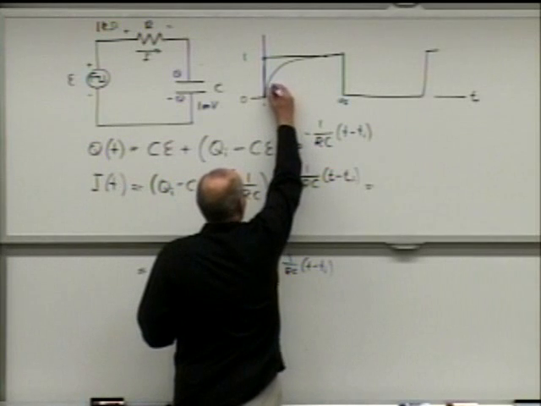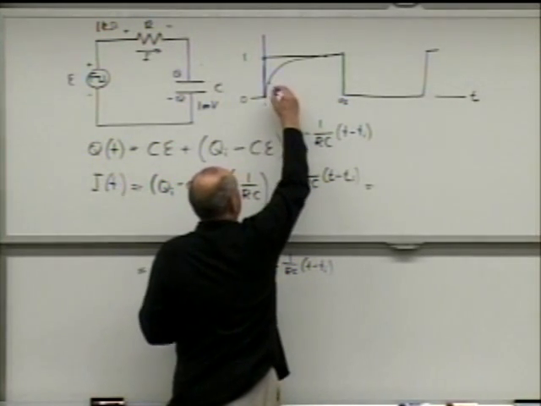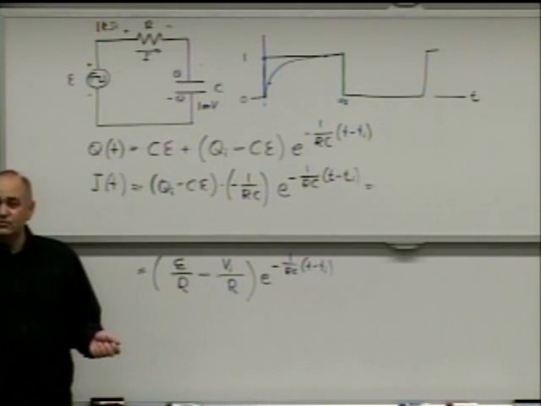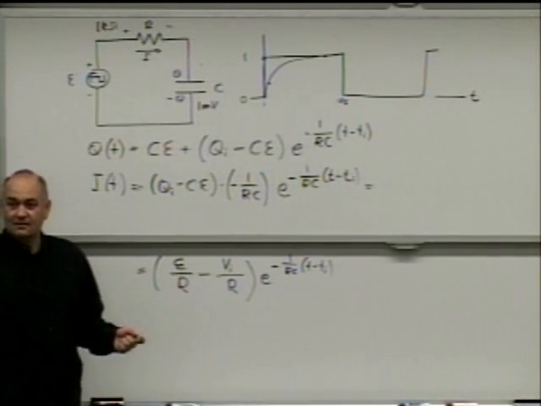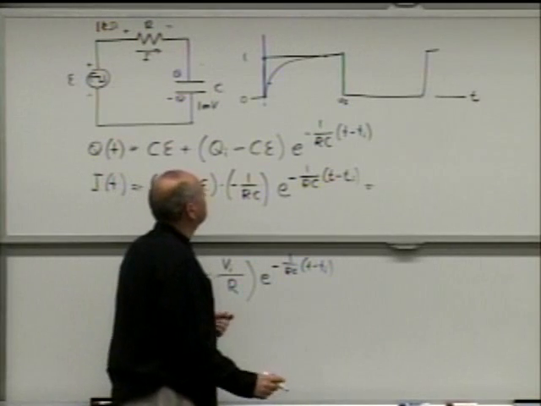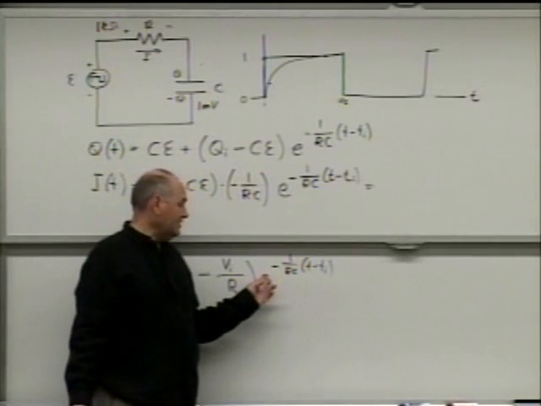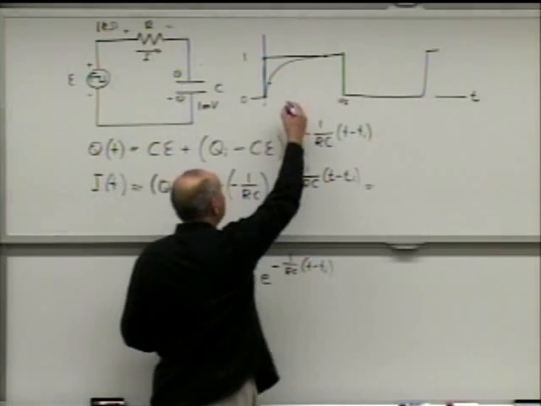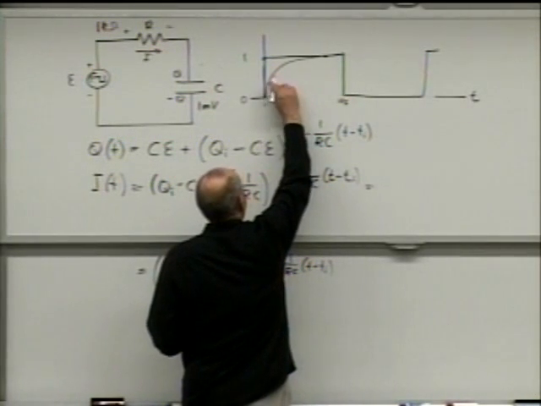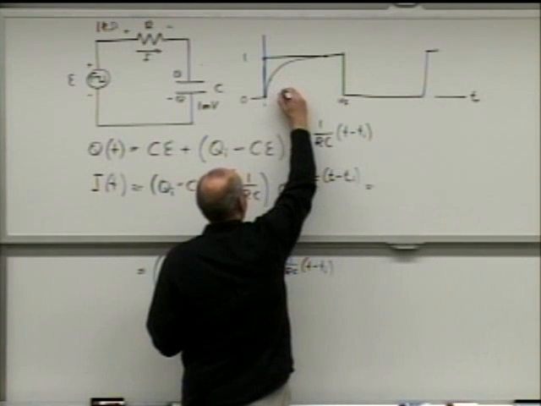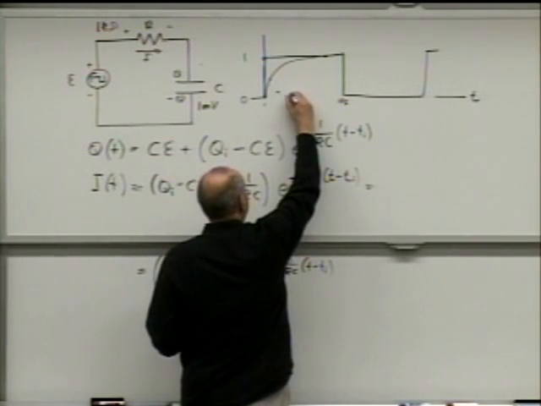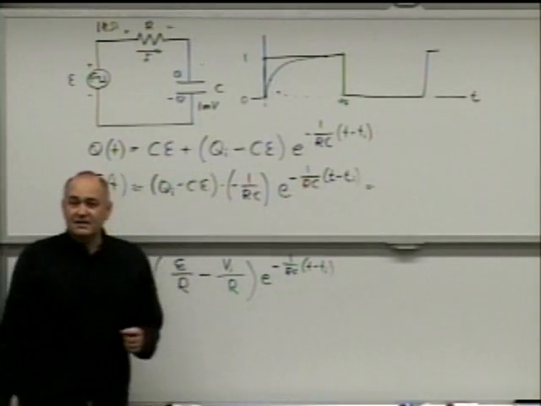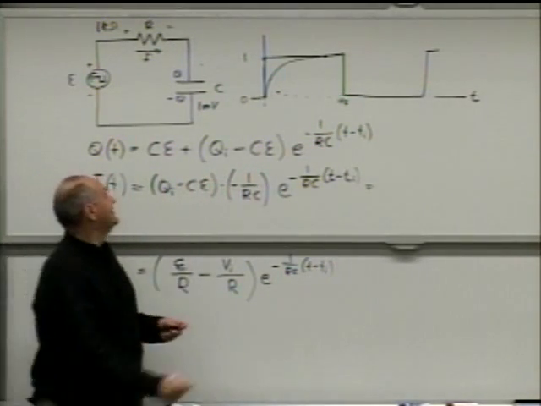So after 1 second it will have this value. Now how about after 2 seconds? After 2 seconds we will have e to negative 2. So it will drop to 1/9. It's like that. And if I continue, I can see that current asymptotically approaches 0 value.